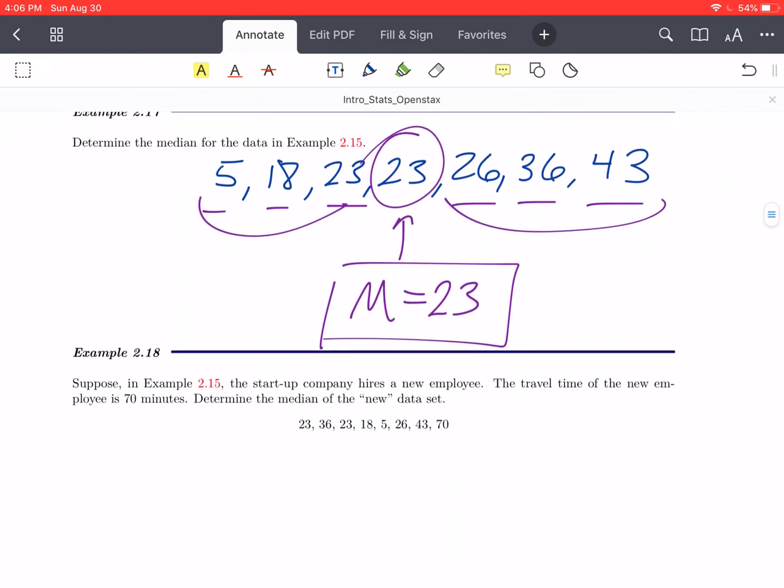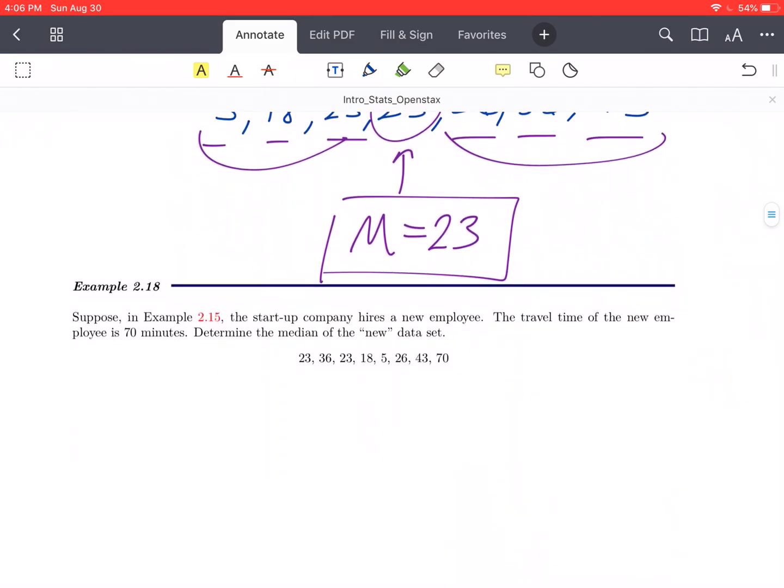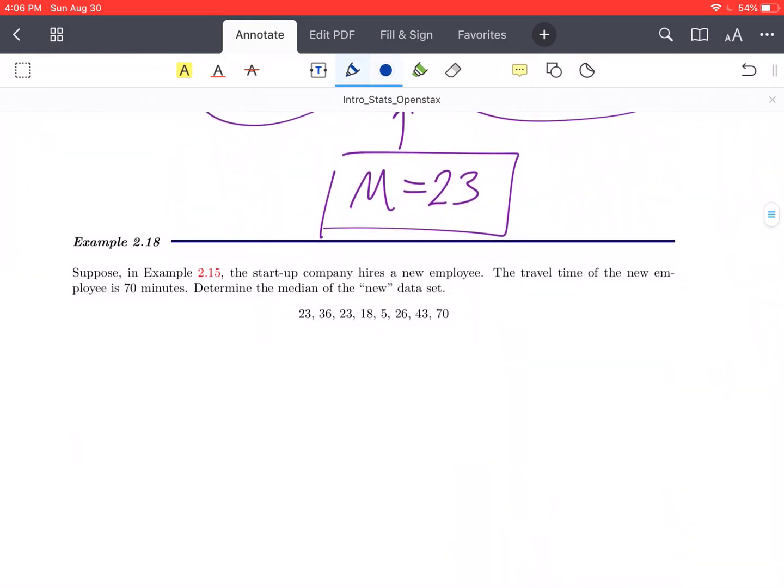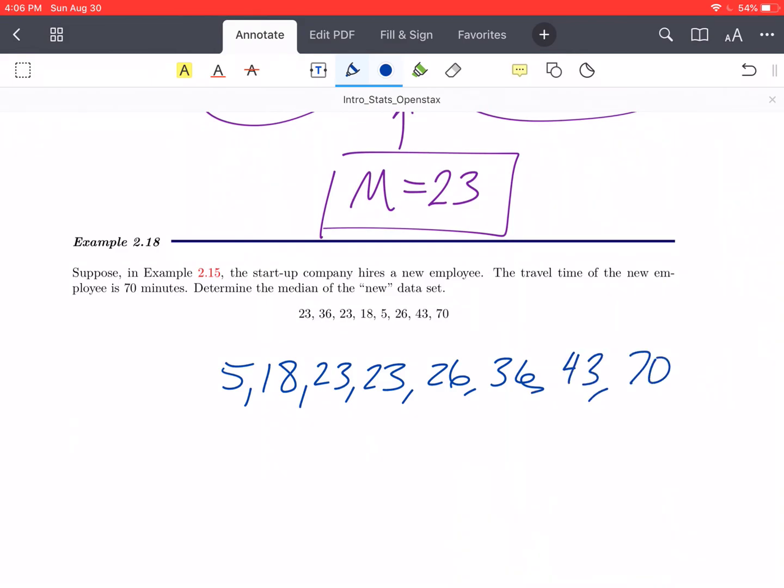Okay. Now, suppose that in this example, the startup company hires a new employee. The travel time of the new employee is 70 minutes. Determine the median of the new data set. So, for our new data set, we have all the same values, but we added a new one. So 5, 18, 23, 23, 26, 36, 43, and 70.